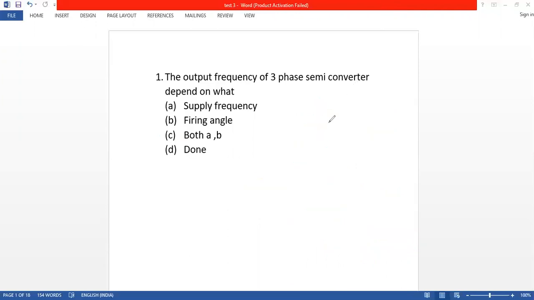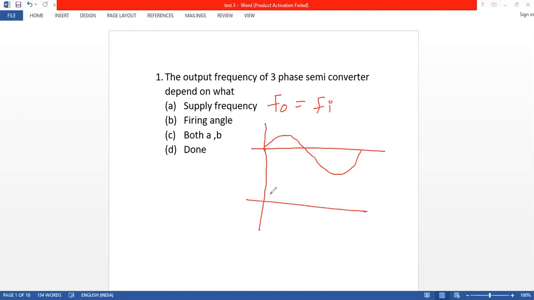Let us see a few more points here. For half wave rectifier, F naught is Fi. See, this is the supply voltage. What is the output voltage? This is the output voltage. For the second cycle, it will start from here.